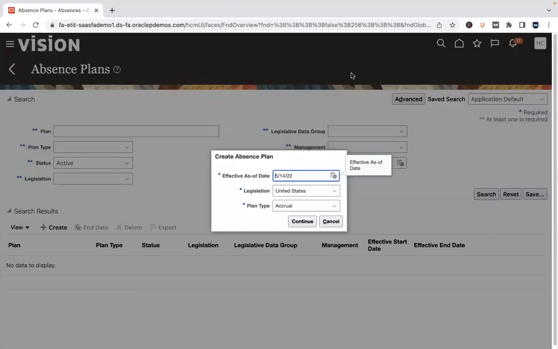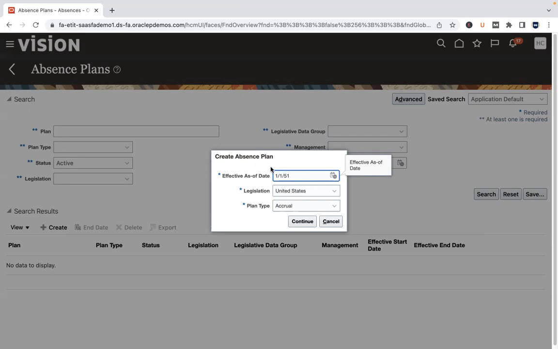And when you configure absence plan, the first thing you need to do is select an effective start date. And the effective start date, right? You can go back at least five years in time, or you can go back and use a start date of 1st Jan 1951.